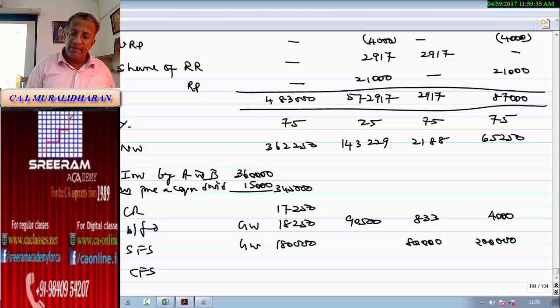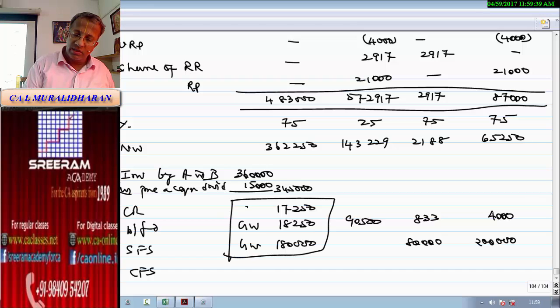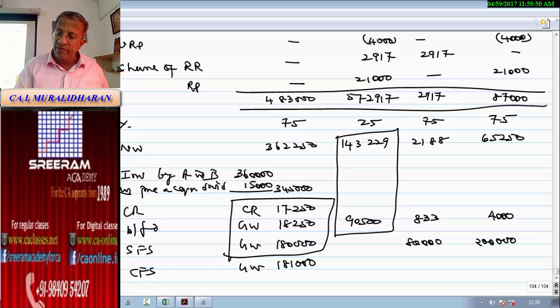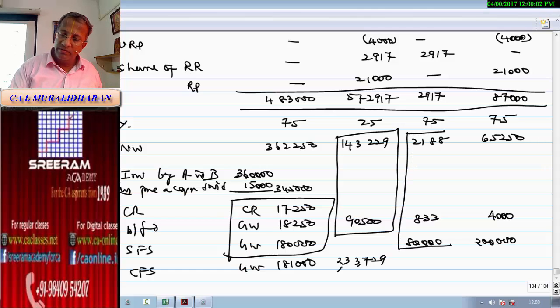Then CFS figure should be capital reserve, all that put together. Goodwill will be 1,81,000. Your P&L account figure will be 233,729. We have to deduct 15,000 from here.